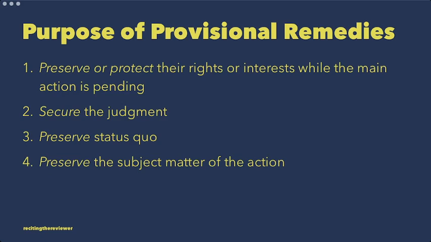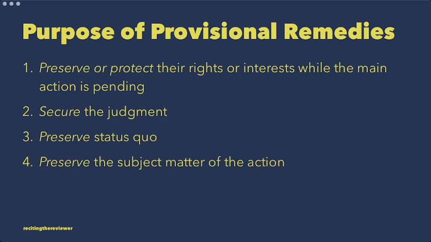Number two, this is to secure the judgment or a security to the final judgment. Okay, so to the performance of the final judgment. So this is found in the wordings of the provisions of the rules themselves.